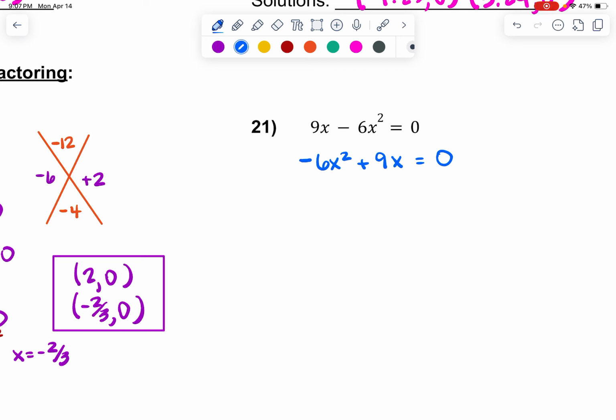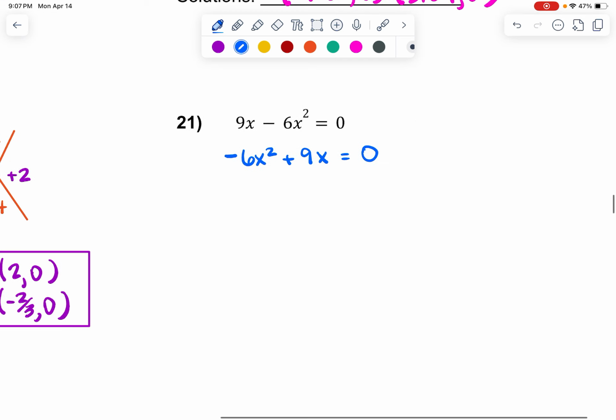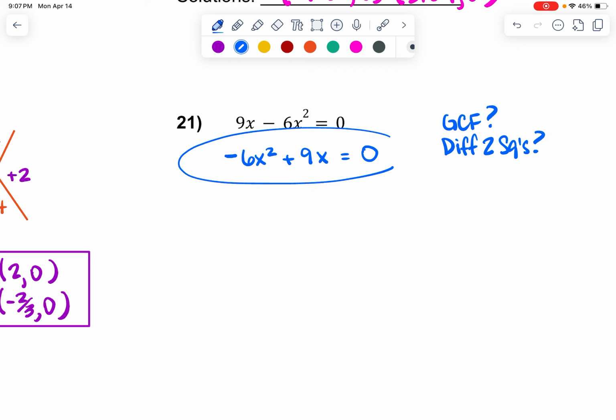So not only did I need to flip the terms to get it in standard form, but I also want to recognize it's a binomial, and the only 2 ways that you can factor a binomial is if there's a GCF or if it's a difference of 2 squares, right? So first of all, you want to ask yourself, is this a difference of 2 squares? Clearly it's not. 6 and 9, or 6 and x, those are not perfect squares.